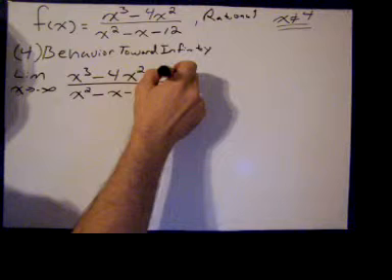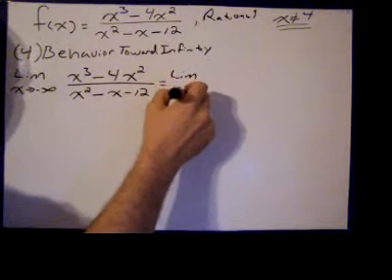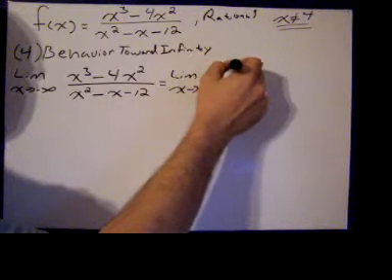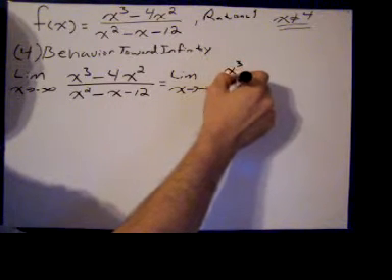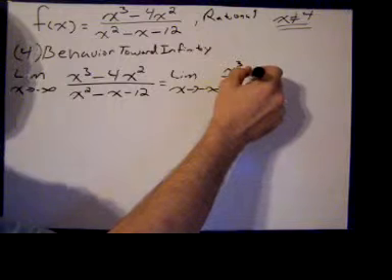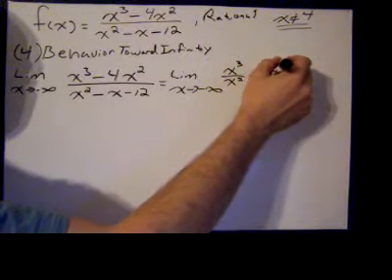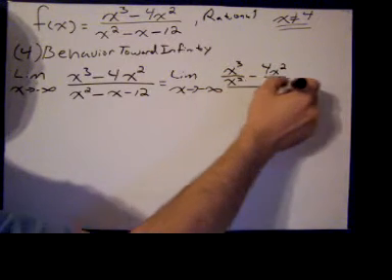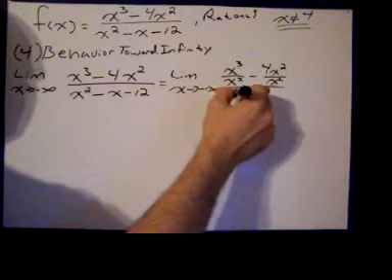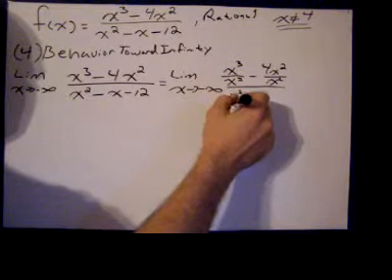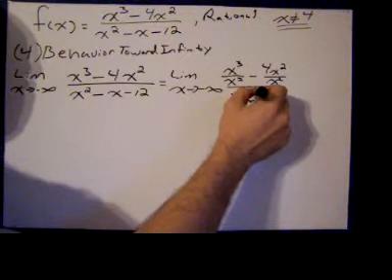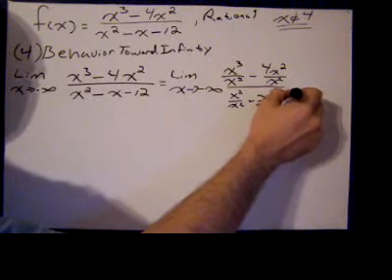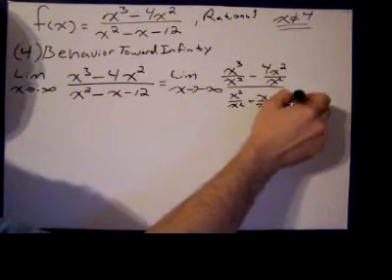So we do that. We'll get x cubed over x squared minus 4x squared over x squared, divided by x squared over x squared minus x over x squared minus 12 over x squared.